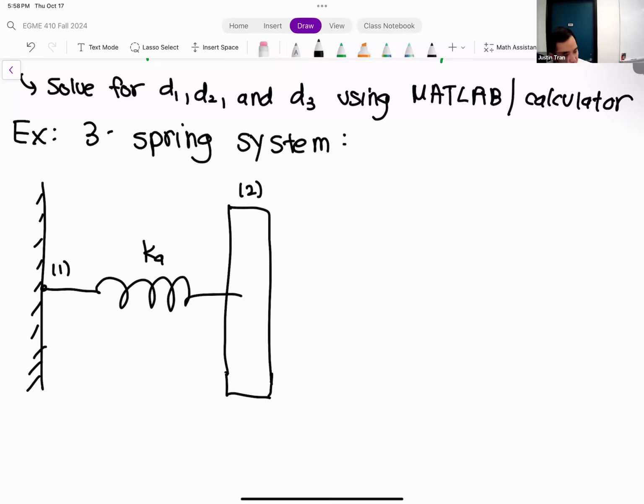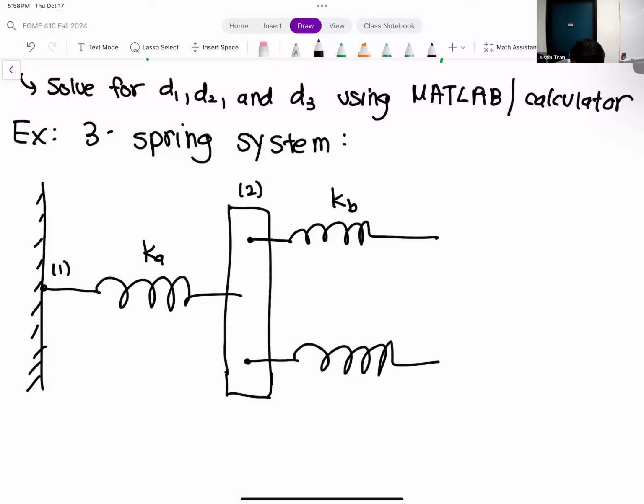And the block itself is going to be connected to 2 other springs. We have another spring, we'll call it KB, attached up top here. And we're going to have another spring, KC, attached on the bottom.